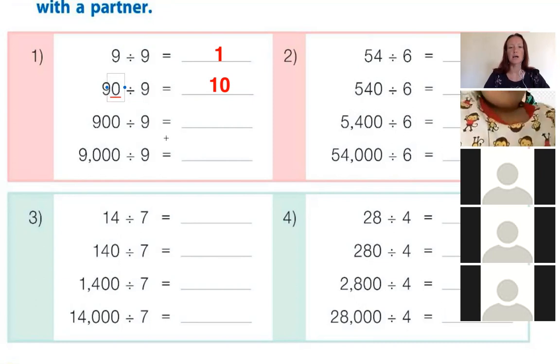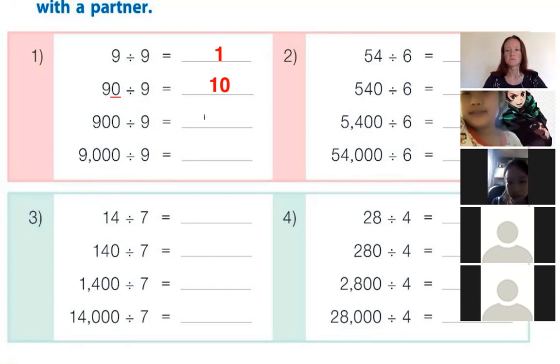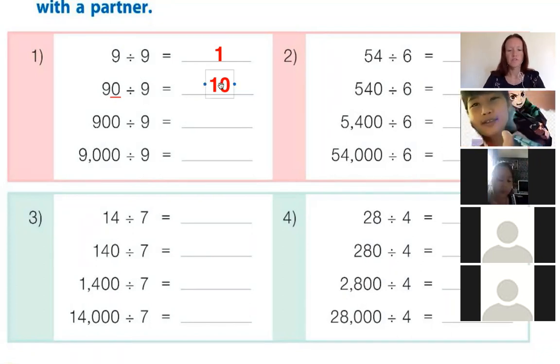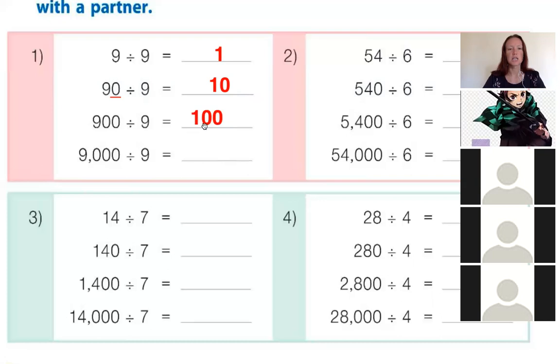Okay, next, Manta, please. 900 divided by 9 is 100. Very good. It's 100 because we have 2 zeros in our dividend.